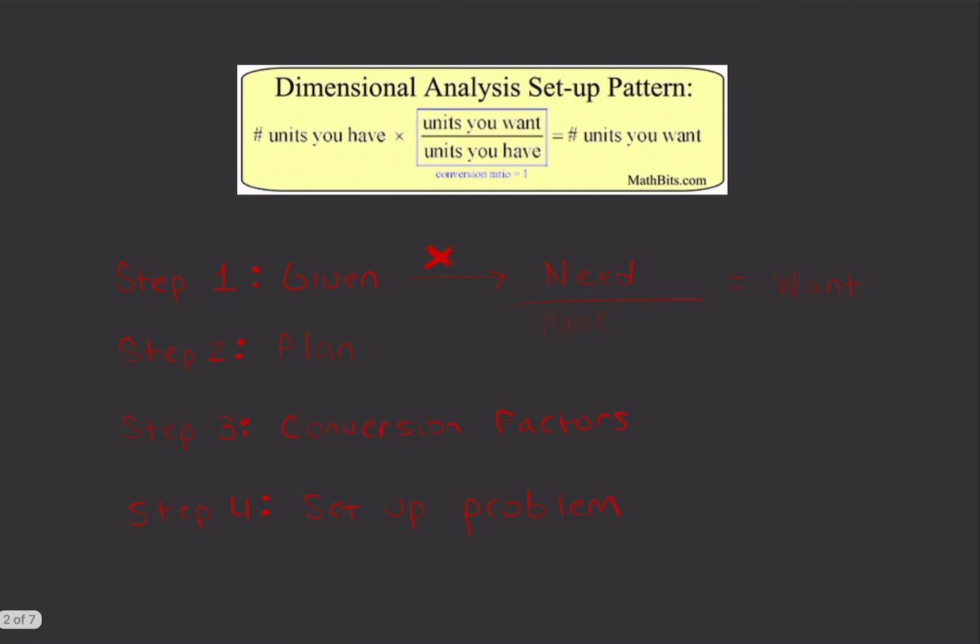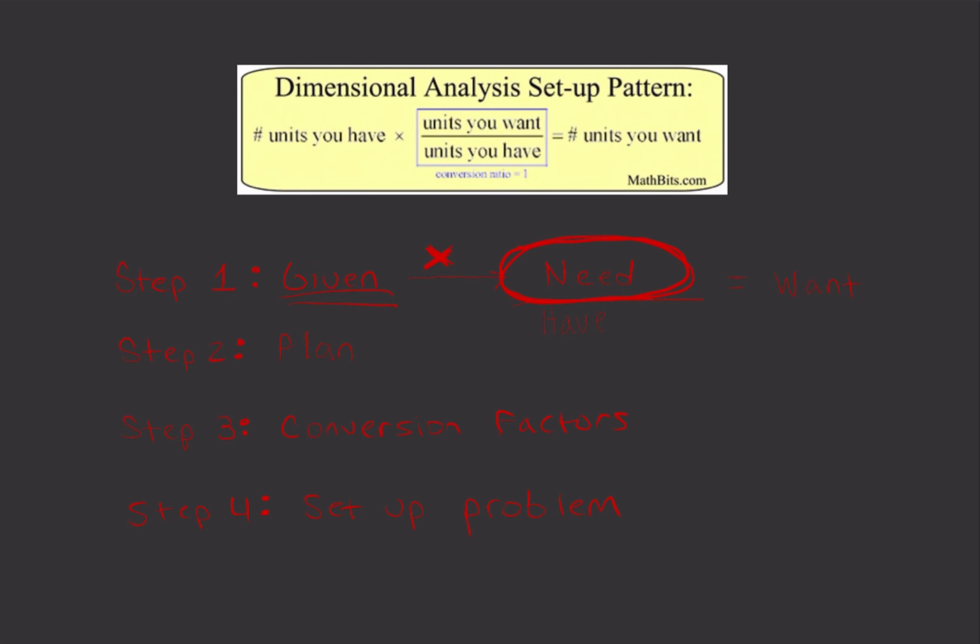So now I want to get into some practice problems that you will see in some of your coursework. The first thing I want to go over is the setup of how to do these word problems. In step 1, typically you'll have a given amount, which is given within the word problem. And then you'll have what you need, meaning, let's say you're looking for the amount of molecules or atoms.